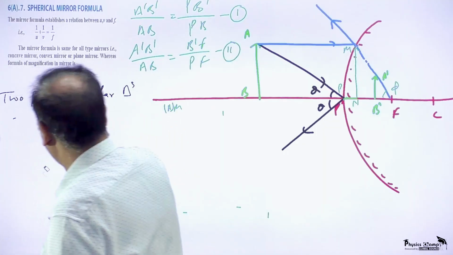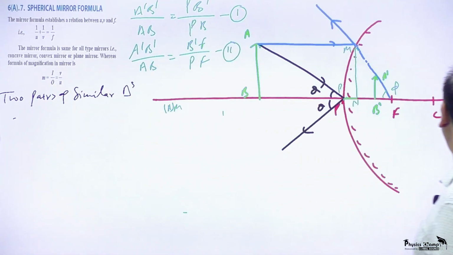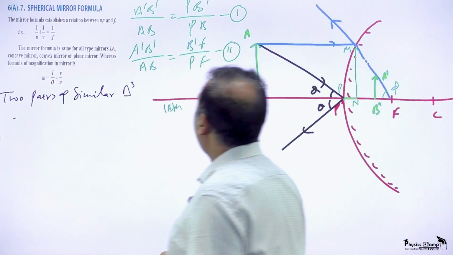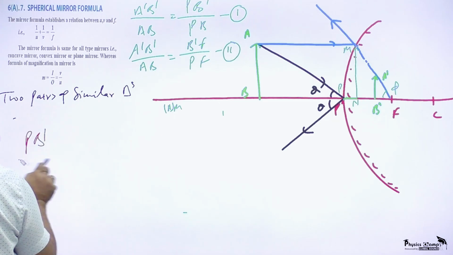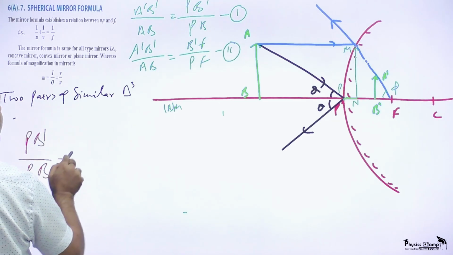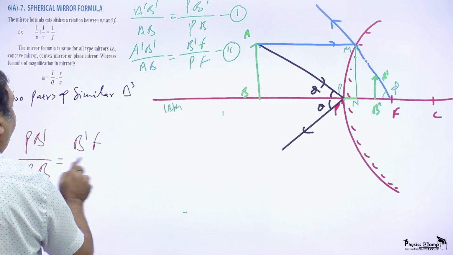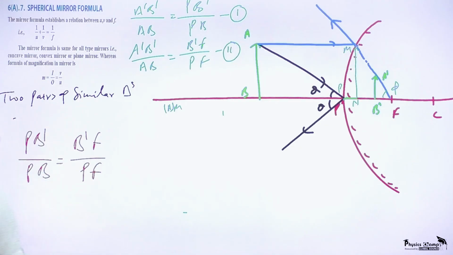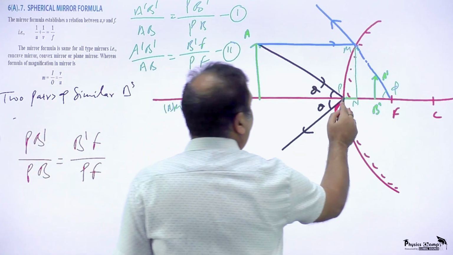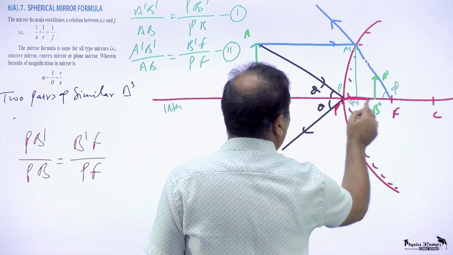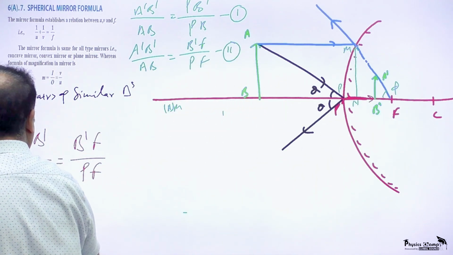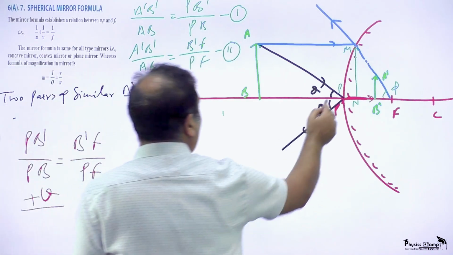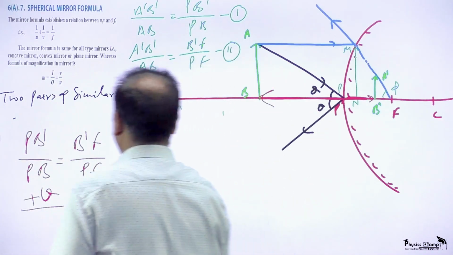For that, from equation 1 and equation 2, we can write PB dash divided by PB is equal to B dash F divided by PF. Now, how much is PB dash? This value, PB dash, is plus V. And how much is PB? It is minus U, opposite to the incident ray.